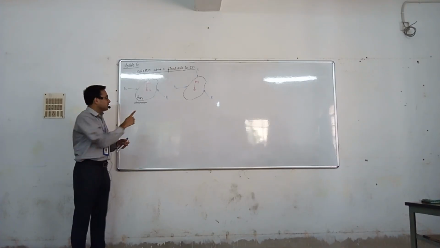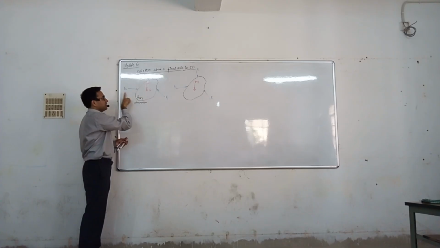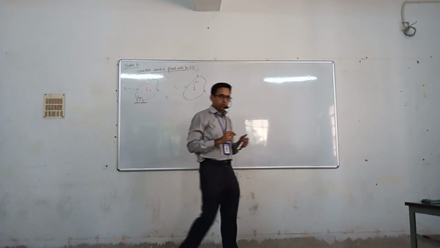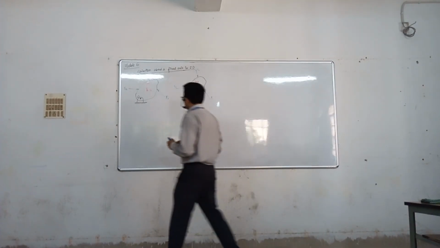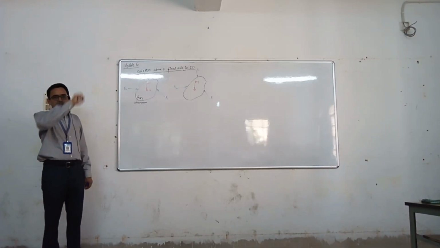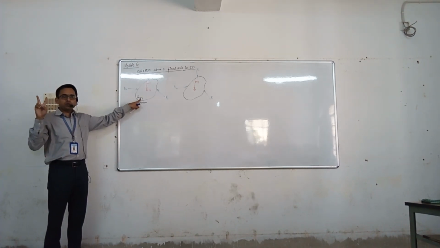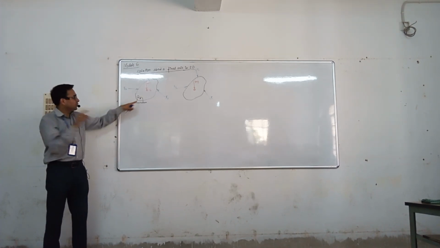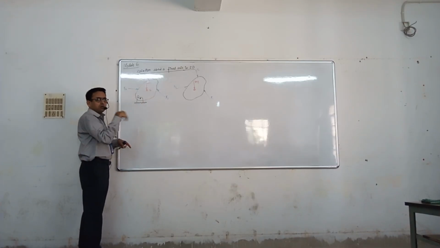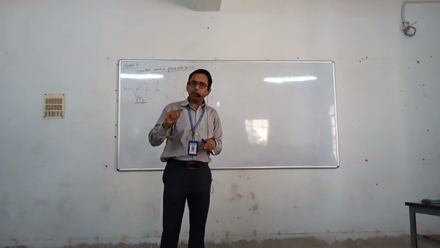A pin joint can resist movement in this direction and movement in this direction, so accordingly we can show them. Here it will be a rotation. So I have to understand that there will be two components of the reaction force, either along the x direction and y direction, or along the tangential direction and normal direction.